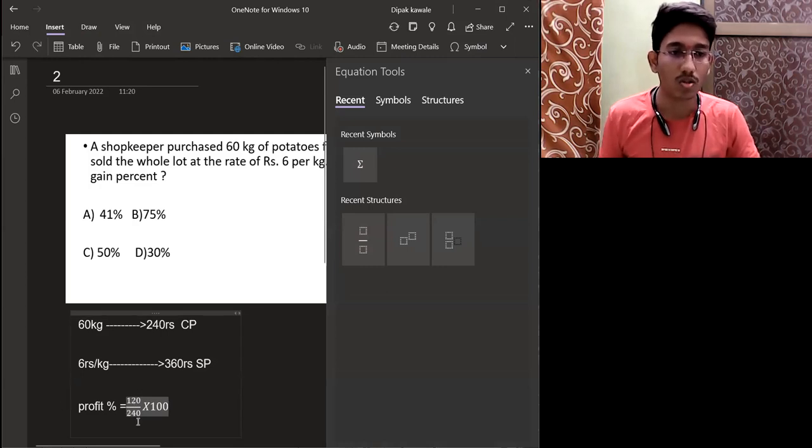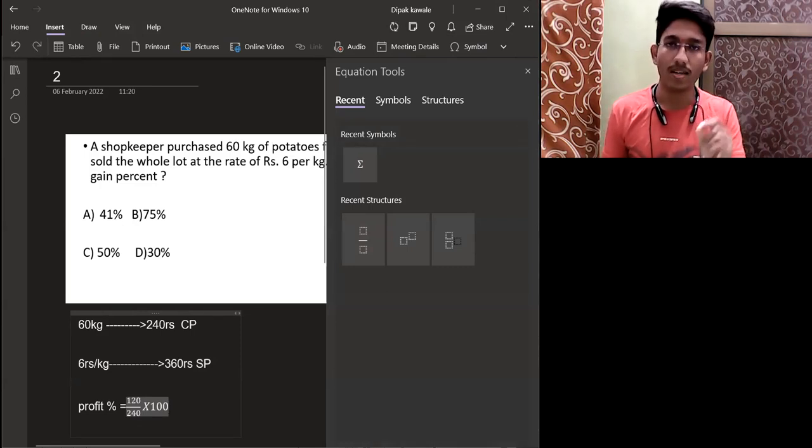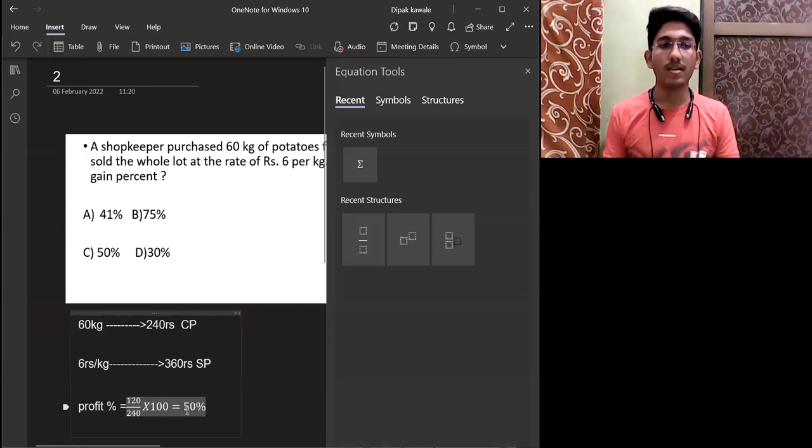This 0 goes. 12 twos are 24, so it becomes 1 by 2. 1 by 2 is nothing but 0.5. 0.5 multiplied by 100 is 50%. Okay guys, we got the answer.